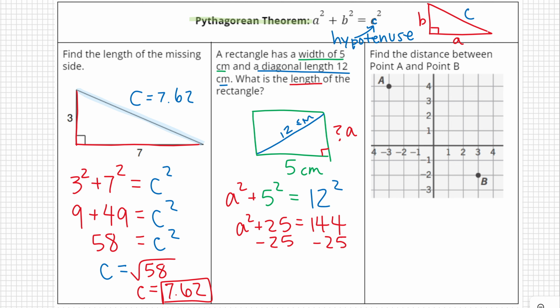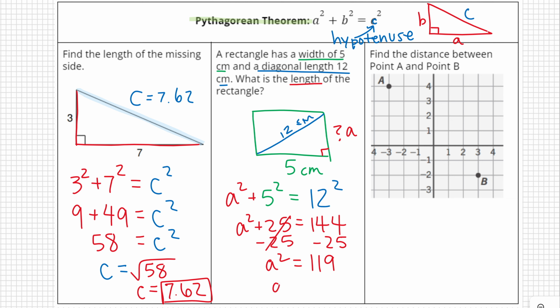So then these 25s will cancel out, so that on the left side of my equation, all I have is A squared equal to 144 minus 25 is 119. So if A squared is equal to 119, to figure out what A is, I'm going to take the square root of 119.